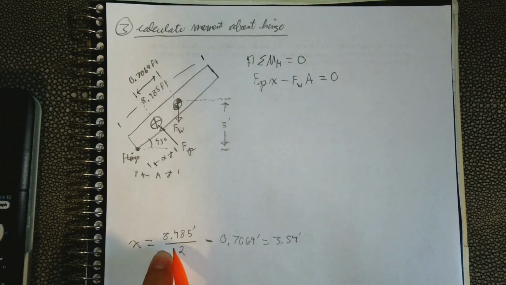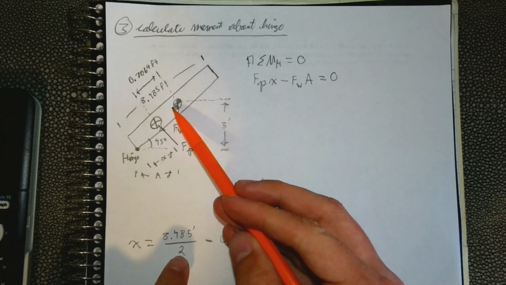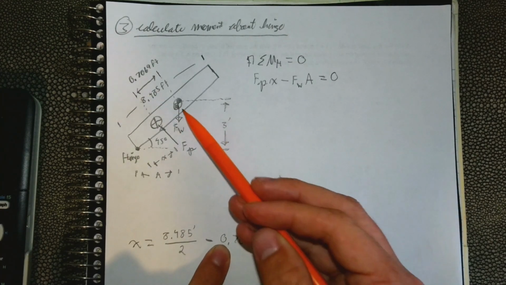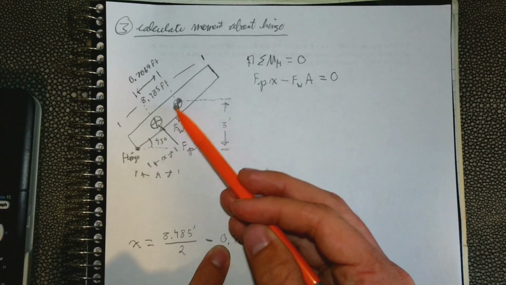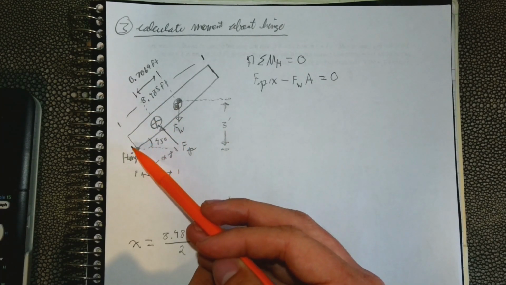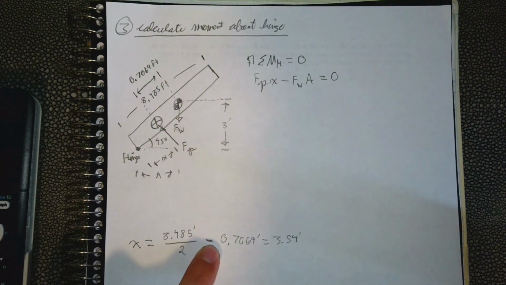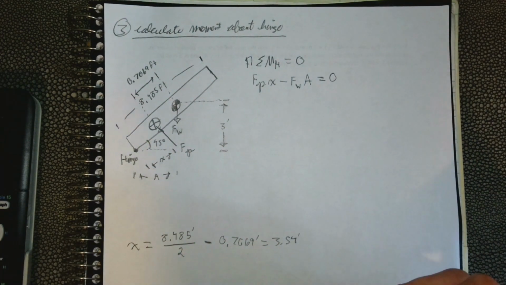I'll explain it. So this is the gate length, I divided by 2, so now we're at the centroid length. And then I subtracted the distance between these two, so I'm left with the distance between the hinge and the center of pressure, which is what I want. That's 3.54 feet. So that's what x equals.